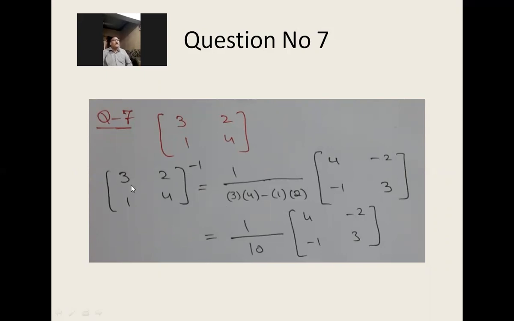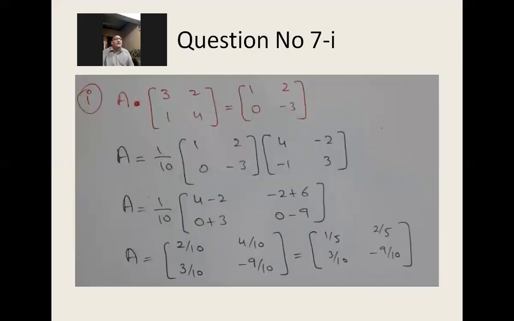Hopefully you understand, because I have not found the determinant and adjoint separately and then written the formula for the inverse. I have done it in a single step. Don't bring this 1 by 10 inside, because we still have to multiply this inverse with another matrix. That would make your multiplication a little complicated, so keep this 1 by 10 outside.